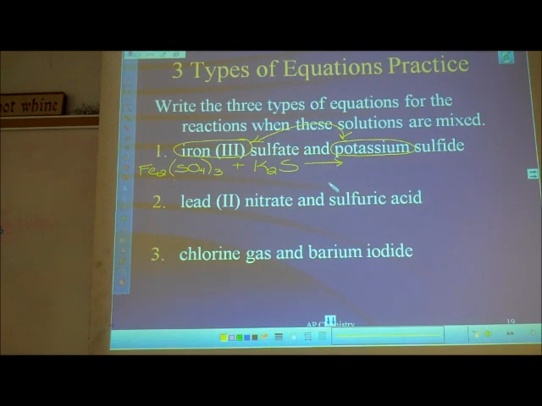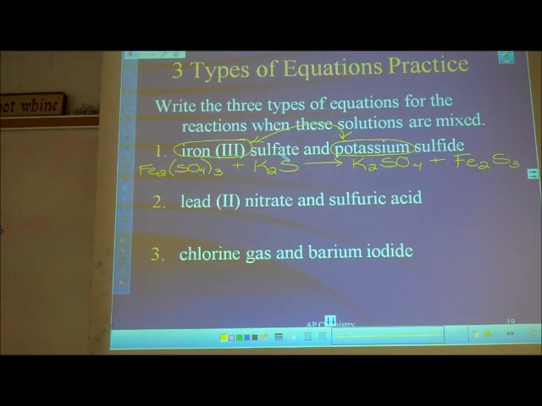What's the formula for potassium sulfate? Okay. And in words, what is my other product? Iron 3 sulfide. What's the formula? Fe2S3. Okay. Folks, that is the first step in this process, predicting your products. I think that's the hardest part of this process.